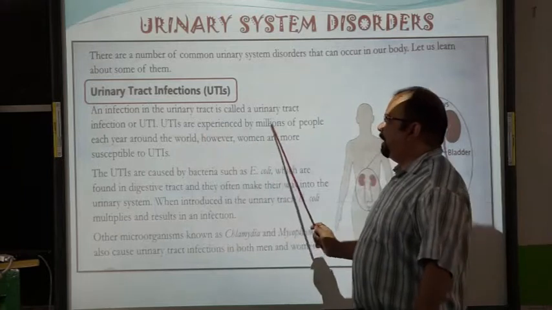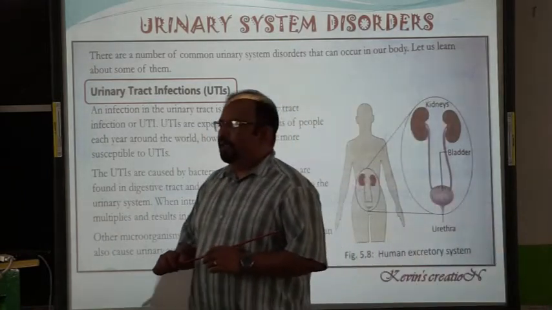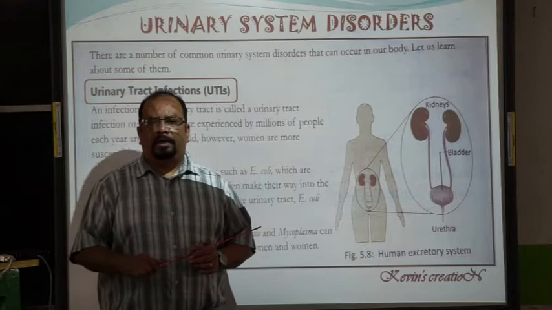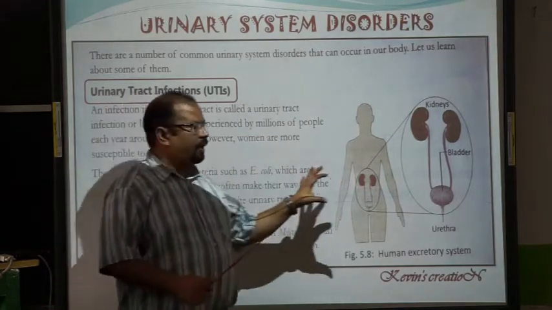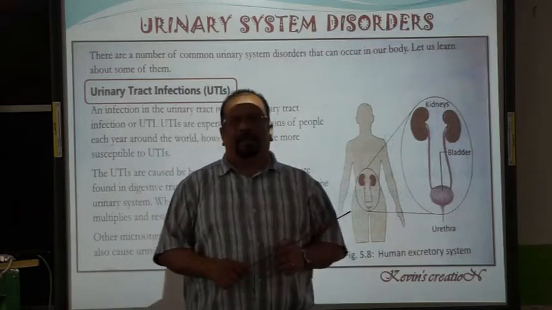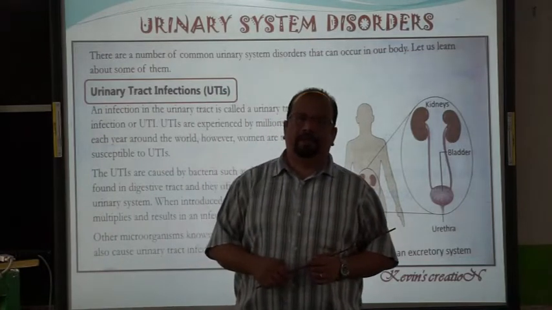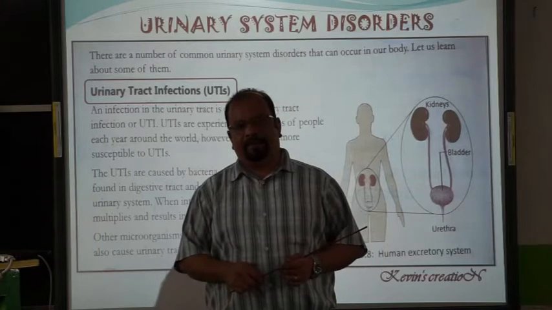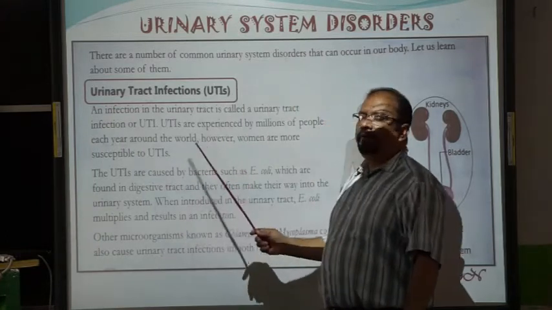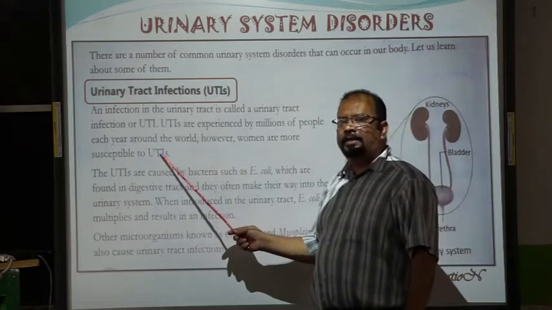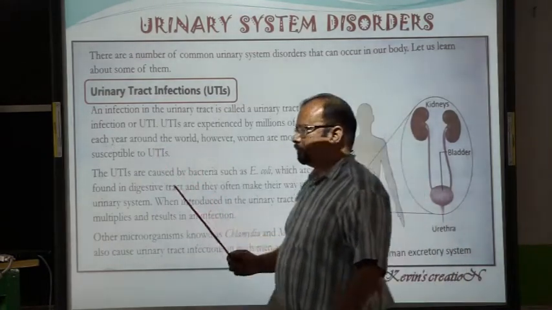These are experienced by millions of people each year around the world. Women are susceptible to UTI. It could happen to both male as well as female, but women especially suffer from UTI.